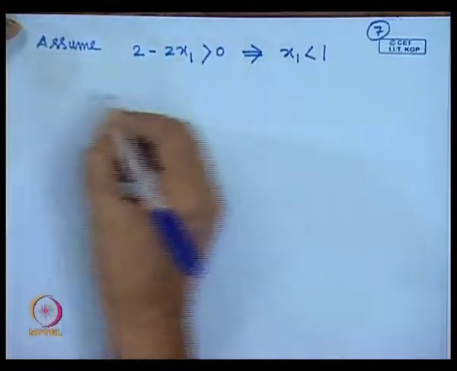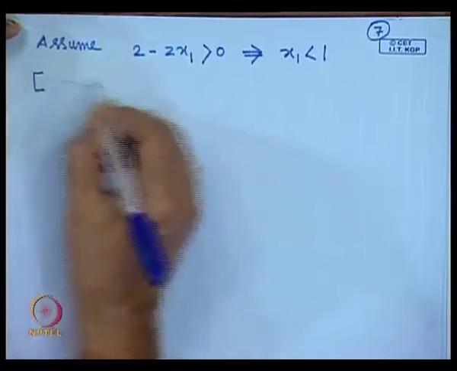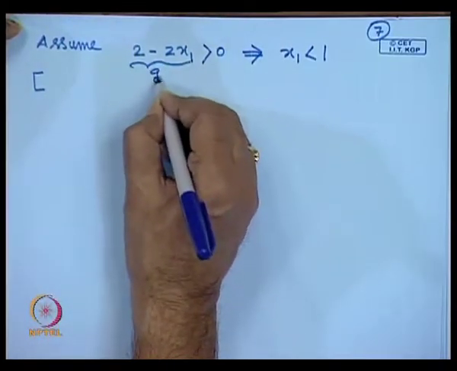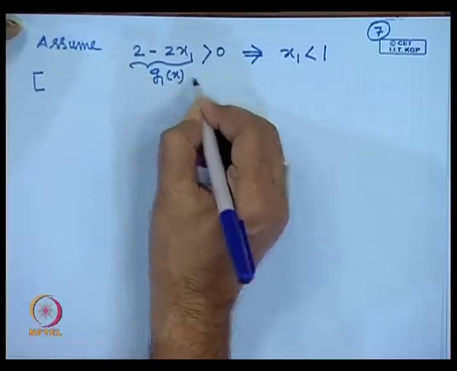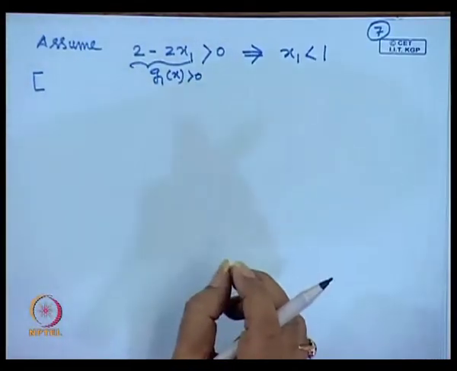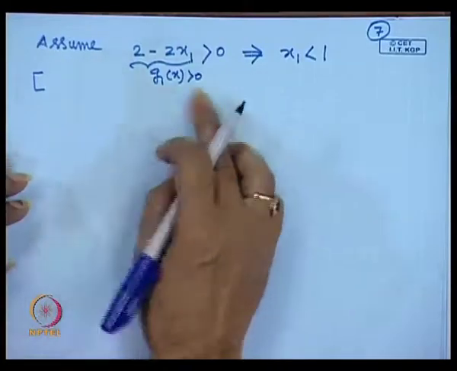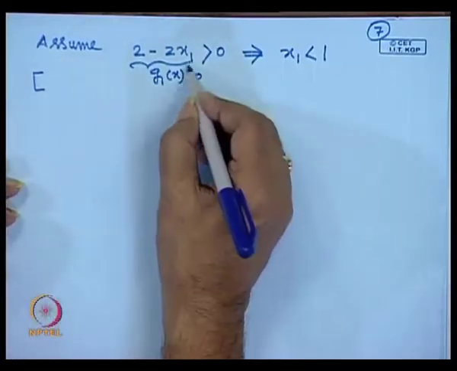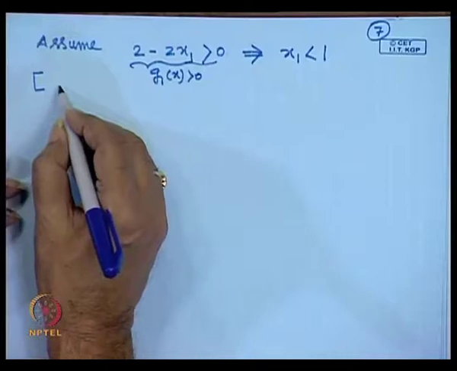So, this indicates that this is our g 1, x is greater than 0, that means we are taking a point which is outside the feasible region.